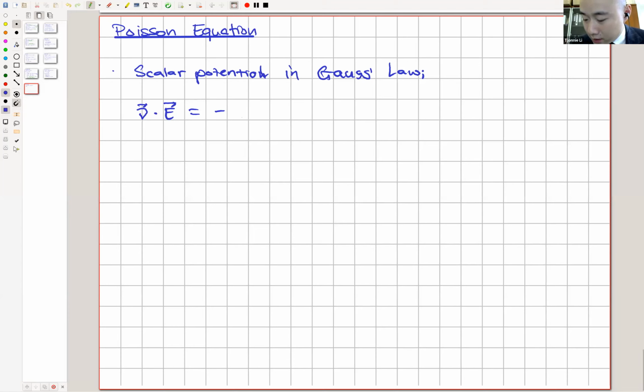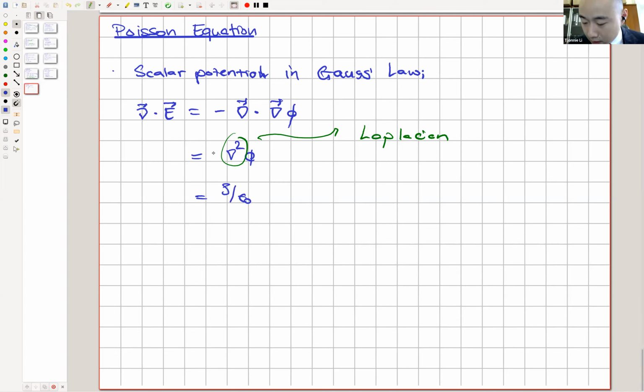This here is the divergence of a gradient with a negative sign, and therefore we have that this is the Laplacian. Okay, don't forget this is the Laplacian of phi equals, in this case, it should be rho over epsilon naught, minus that here.